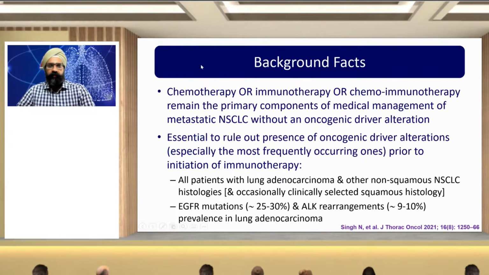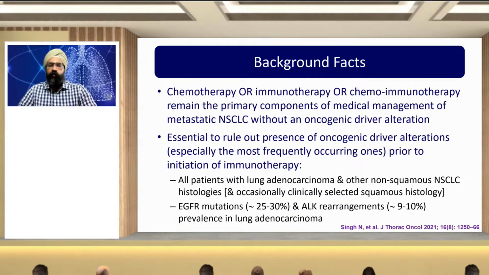Some background facts. Chemotherapy or immunotherapy or their combination, that is chemoimmunotherapy, remains the primary component of medical management of metastatic NSCLC without an oncogenic driver alteration. But it is essential to rule out presence of these driver alterations, especially the most frequent ones, prior to initiation of any form of immunotherapy.